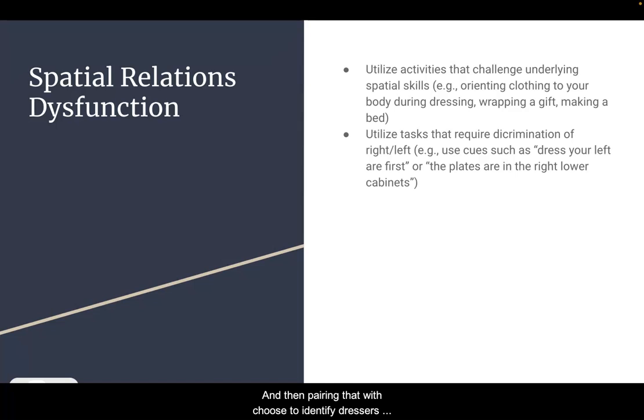And then pairing that with cues to identify dress your left arm first or place the items in the lower right cabinet so that you're pairing a motor activity with the direction or the task activity or the spatial relation that they need to identify.